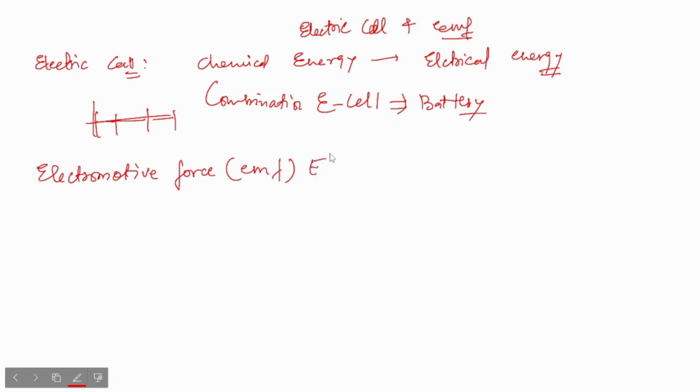Now you can define electromotive force as work done by the cell in forcing a unit positive charge to flow in the whole circuit, including the cell, right? I'm writing this: work done by the cell in forcing a positive charge to flow in the whole circuit.